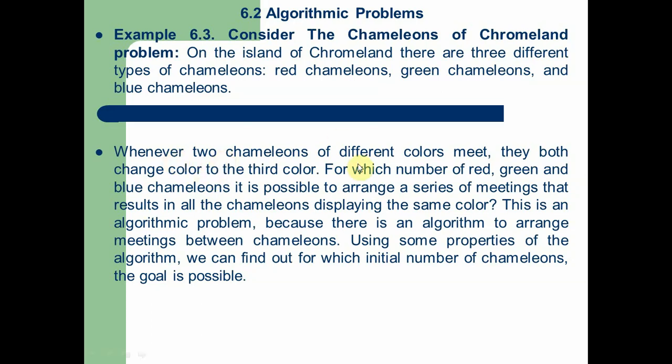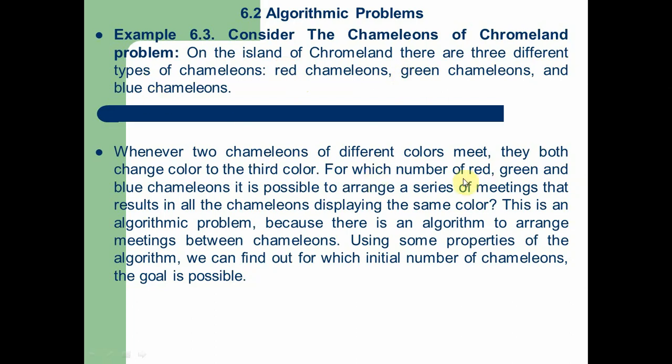Whenever two chameleons of different colors meet, they both change color to the third color. Again I repeat, whenever two chameleons of different colors meet, they both change to the third color. If red and green chameleons meet each other, then their colors are converted into blue.